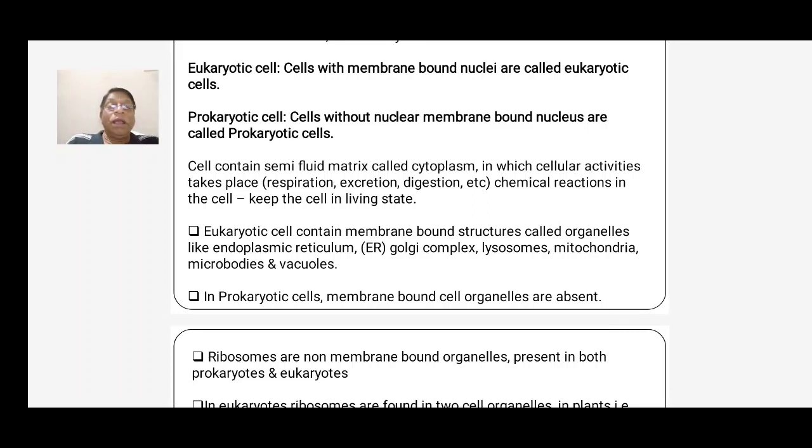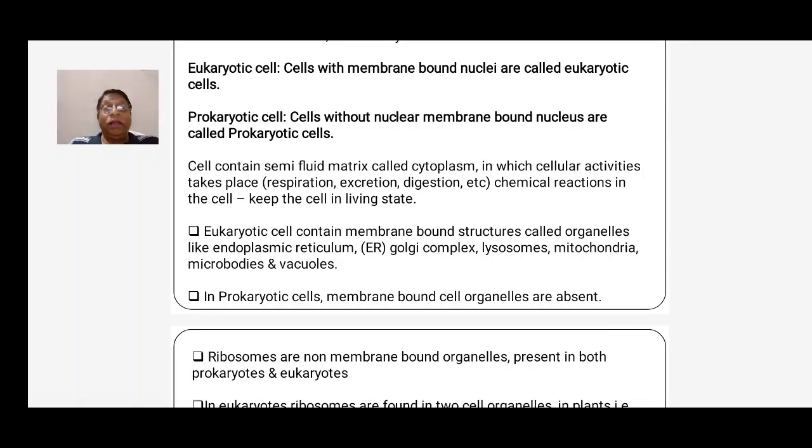Okay. So the cytoplasm contains membrane-bound cell organelles. The eukaryotic cell consists of eukaryotic type of nucleus and membrane-bound cell organelles like endoplasmic reticulum, Golgi complex, mitochondria, etc.